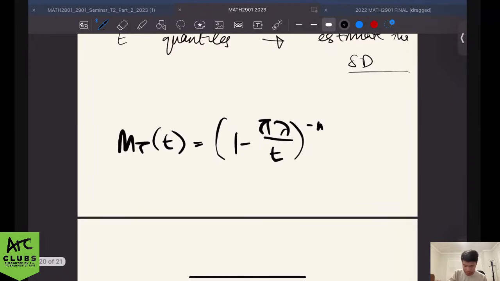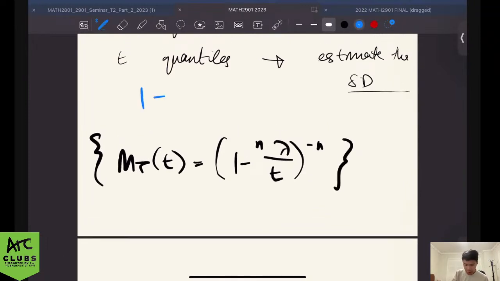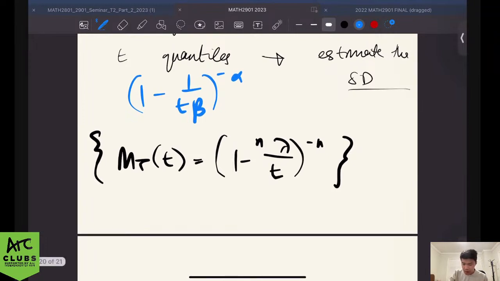Basically, the whole point is this looks really similar to the gamma distribution, because the gamma distribution has an MGF looking like this, right? 1 minus 1 on t times beta, to the power of minus alpha. So it looks really similar, except here the two parameters alpha and beta are different.